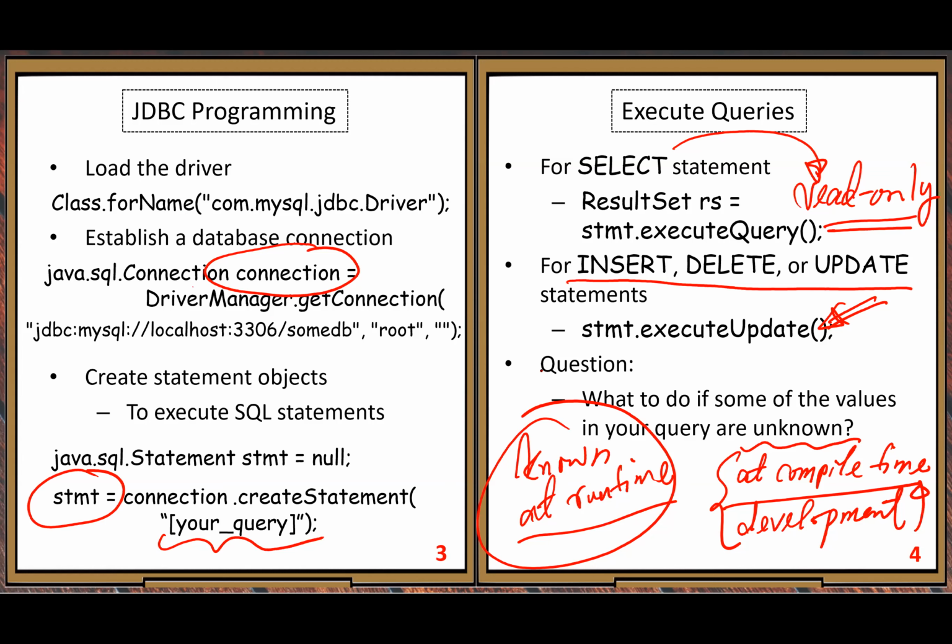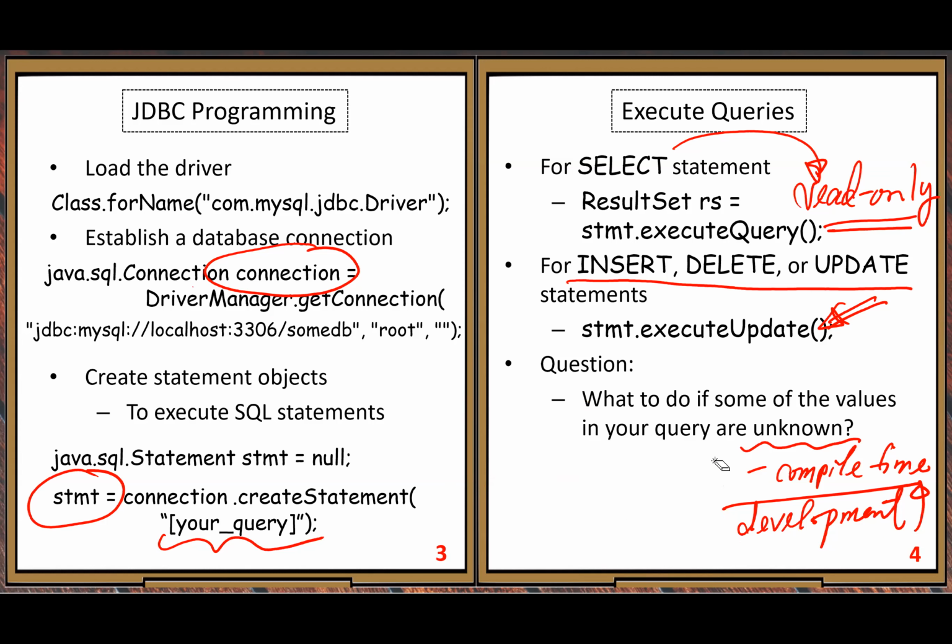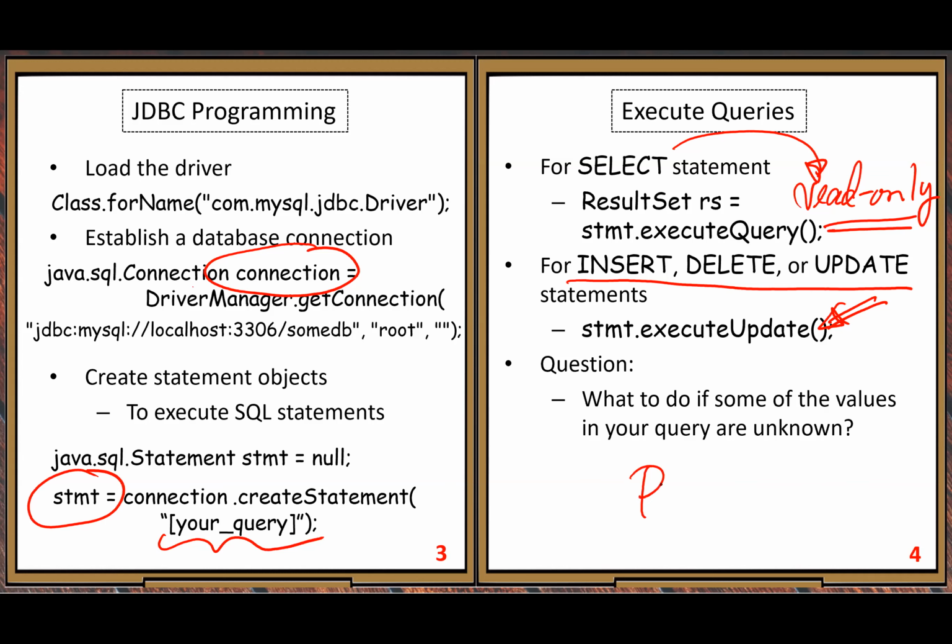How do you handle a situation like that? This is a legitimate question. The answer is PreparedStatement. Remember, in the previous slide, we learned Statement and the sub interface, right? PreparedStatement is a subclass of the Statement.